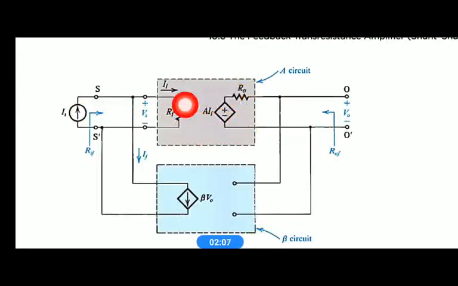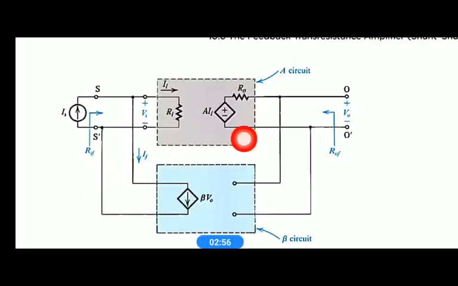Here you can see the open loop amplifier circuit where we are taking the input current as II, which is flowing through the input resistance Ri, and at the output side a voltage represented by a current controlled voltage source having value A into II in series with the resistor R0.